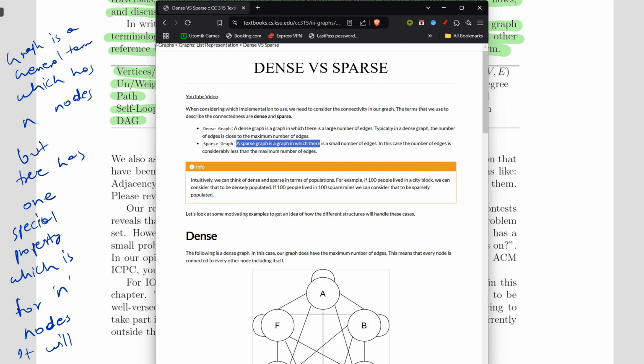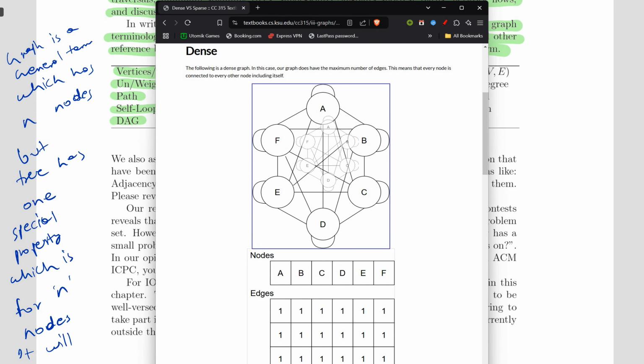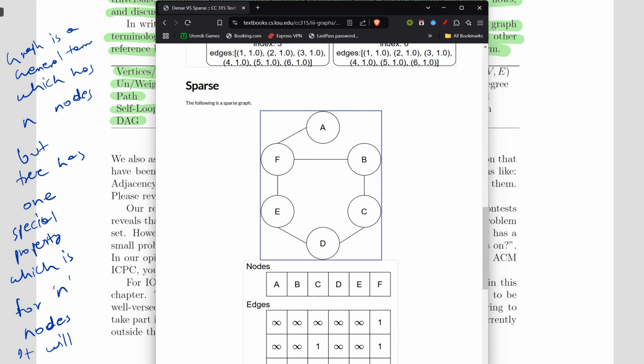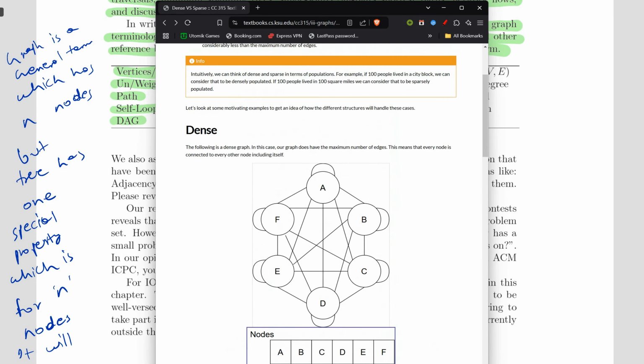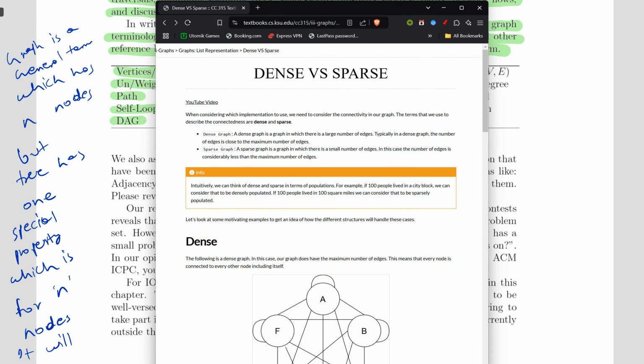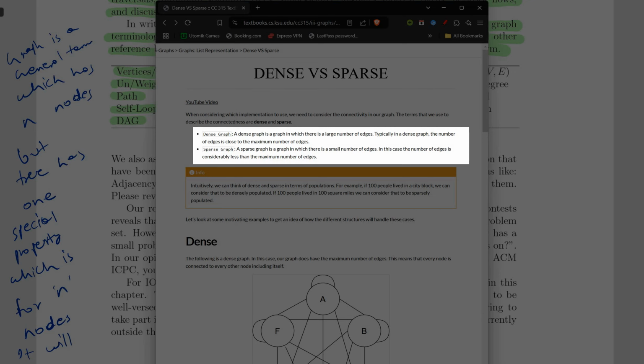A sparse graph has a small number of edges, considerably smaller than the maximum number of edges. So this is a dense graph and this is a sparse graph. I guess we should not have any confusion in this.